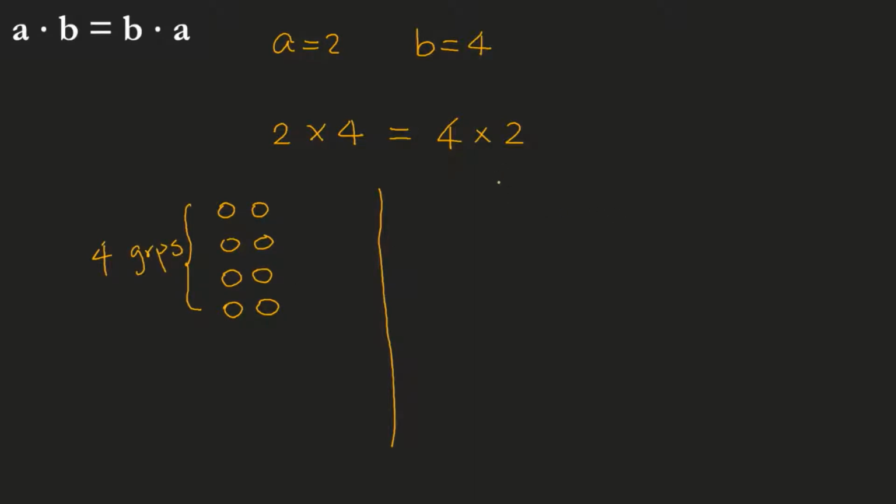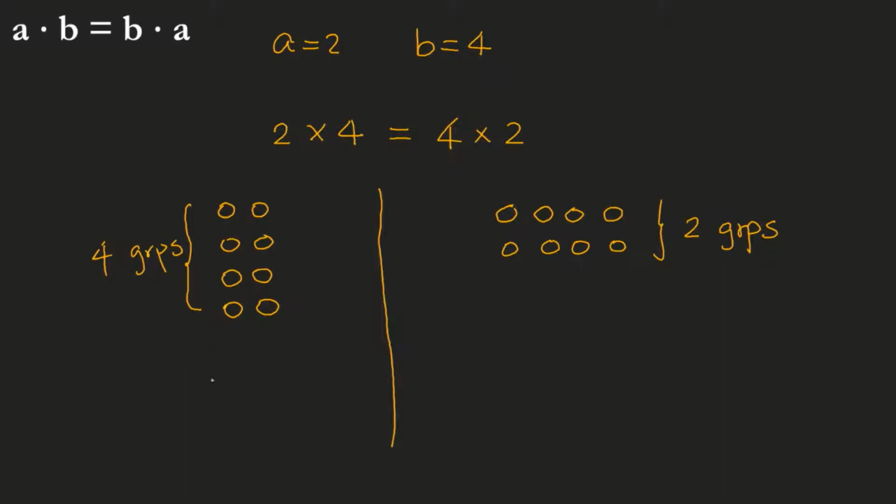Now let's look at the right side. Right side is 4 times 2. It has 2 groups and each group has 4 elements. So each group has 4 elements and there are 2 such groups. Okay. So here we have two groups. Okay.